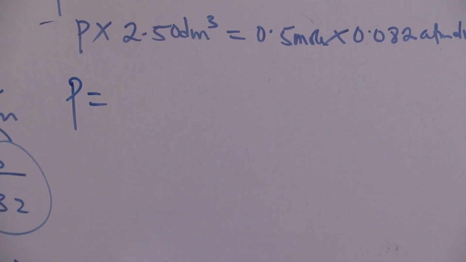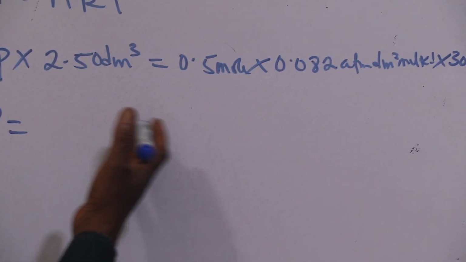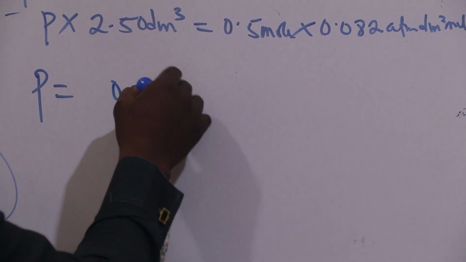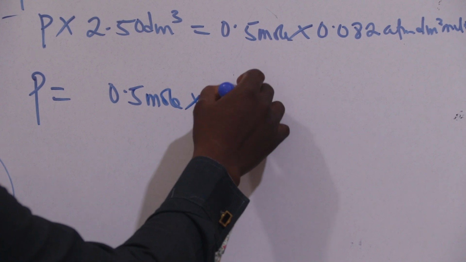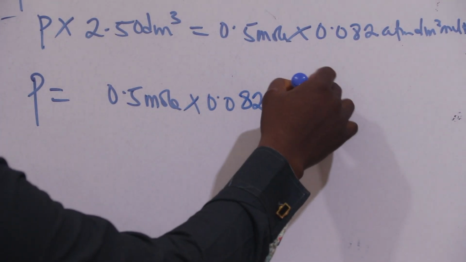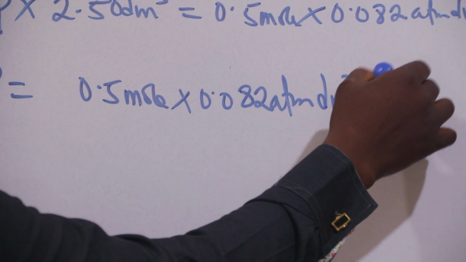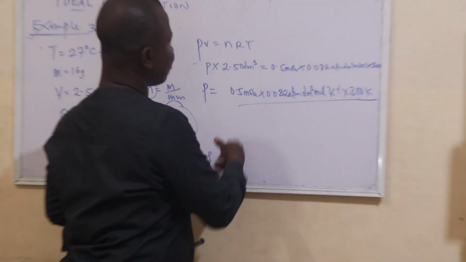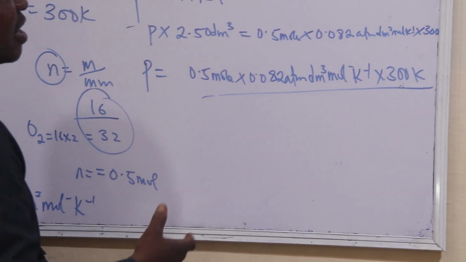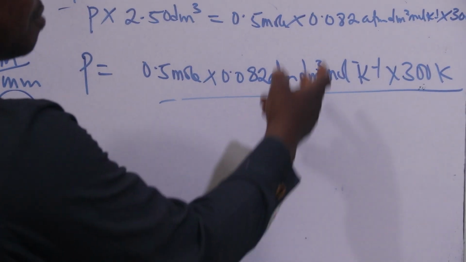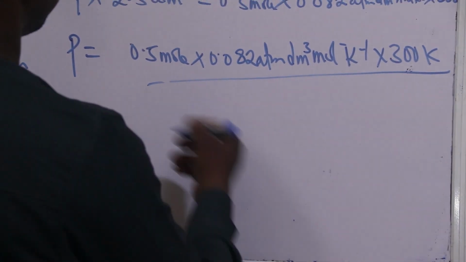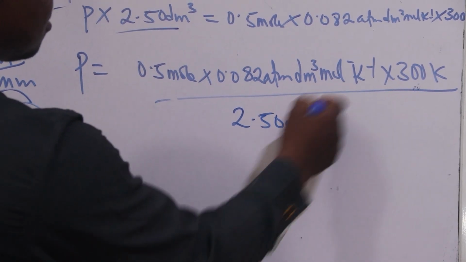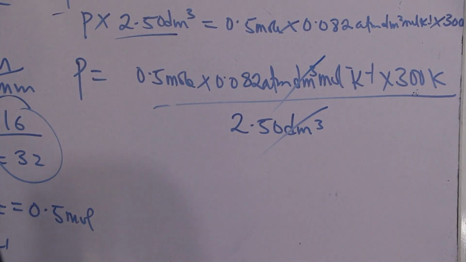P is equal to 0.5 mole multiplied by 0.082 atm dm³ per mole per Kelvin multiplied by 300 K, then divide both sides by 2.5 dm³.